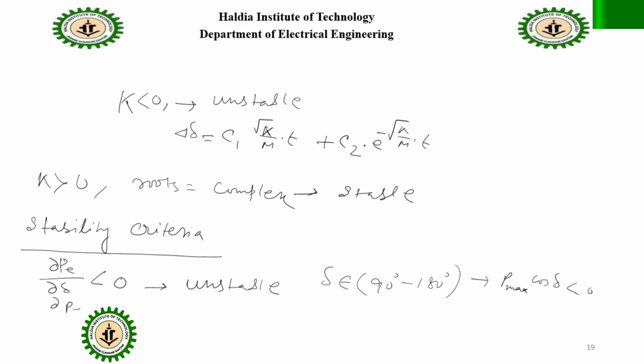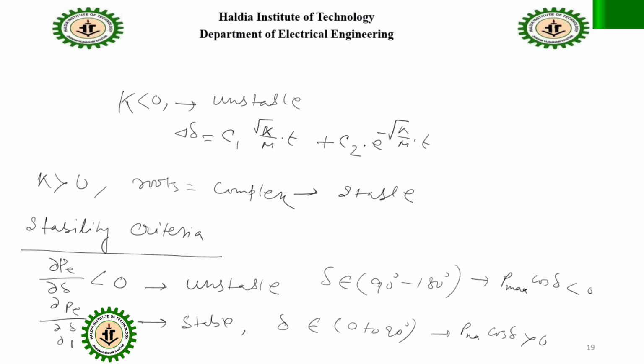And when ∂Pe/∂δ greater than 0, that is stable, that is δ belongs to 0 to 90 degree, that means Pmax cos δ greater than 0.